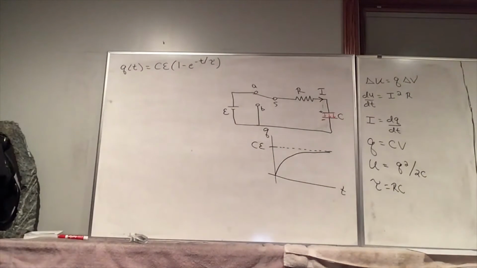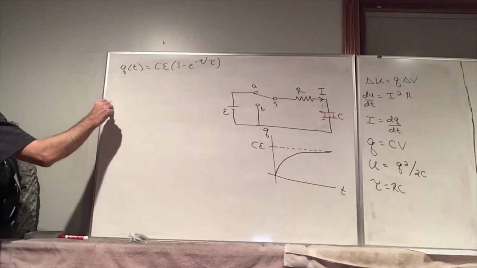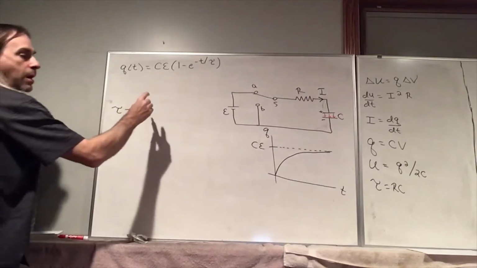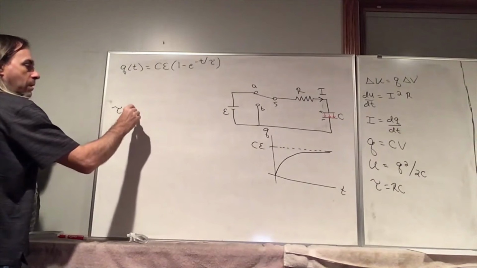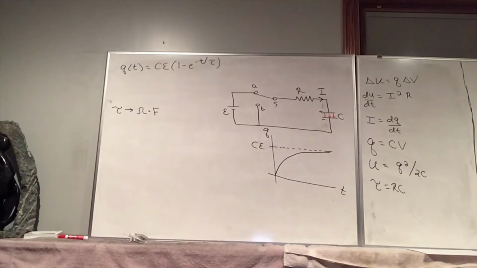It's going to look like that. Now, we're going to look at tau, just the units. So we have RC, that is an ohm times a farad, which better equal a second. Now, we're going to have to throw some unit conversion factors in here.